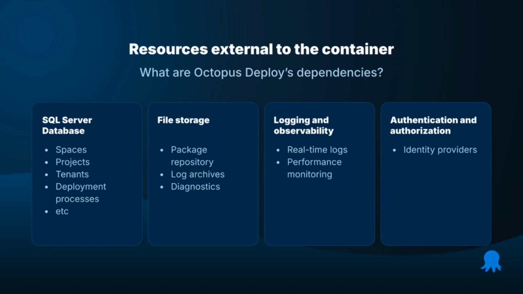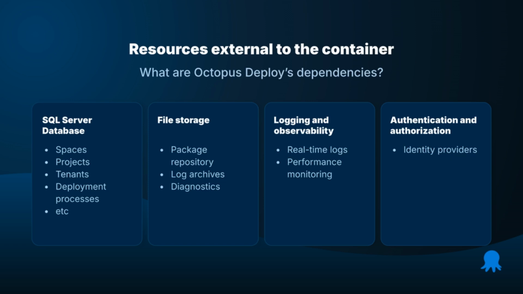So when we talk about the Octopus Deploy container, there are a few other dependencies that it has. We have the SQL Server database that's storing most of the application data, things like your spaces, your projects, your tenants, the deployment processes themselves. We're also dependent on some file storage. If you've used the internal package repository, all of those are stored in the file system. There's also archived logs and diagnostic information.